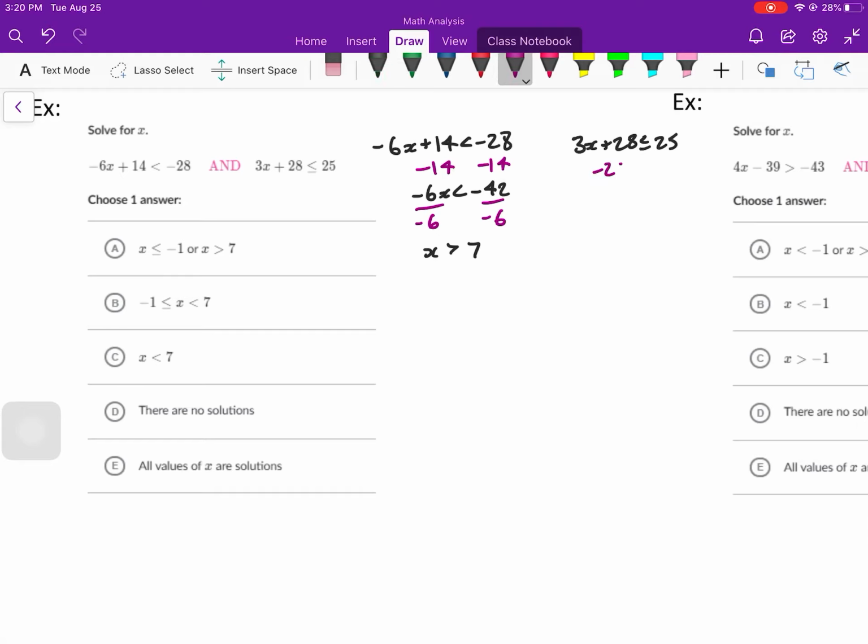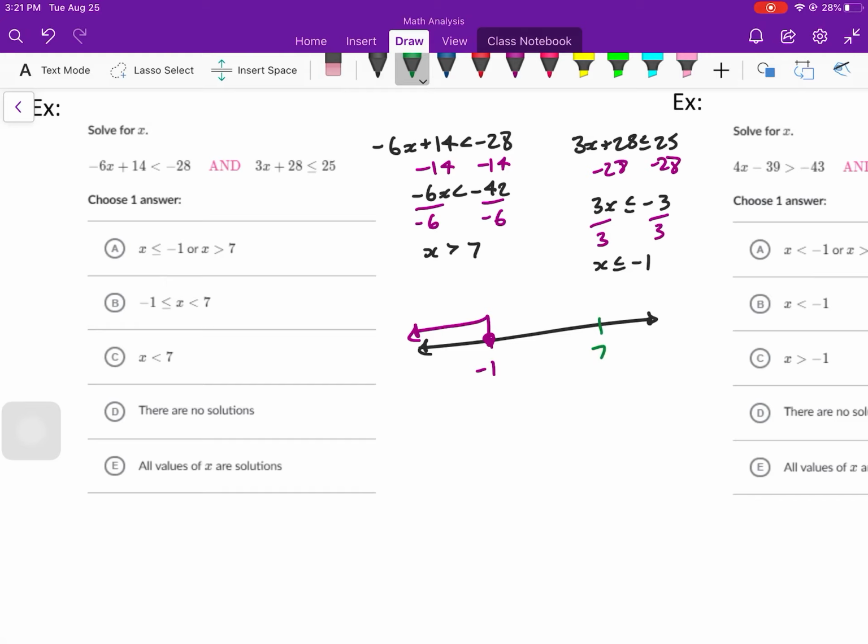Subtract 28. 3x is less than or equal to negative 3. Let's graph both of these. So we want negative 1, we want closed and to the left because it's less than negative 1. And then 7 is going to be open and to the right.